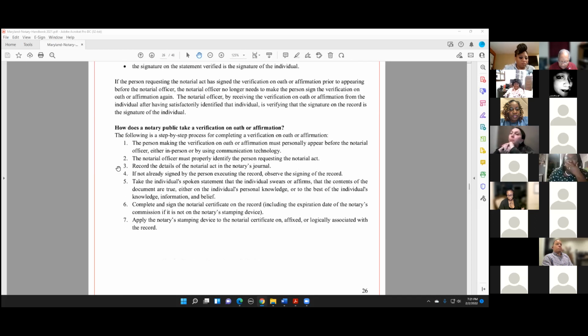And again, these are the steps. Now let me ask you a question from what we've gone over. In that notarial language, how will you know it's a verification on oath or affirmation versus an acknowledgement?